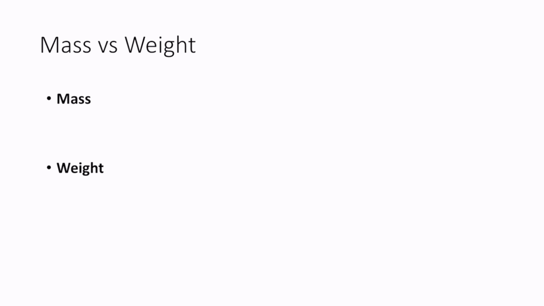Now, something that people can really confuse is mass and weight. So mass is the amount of matter an object contains.